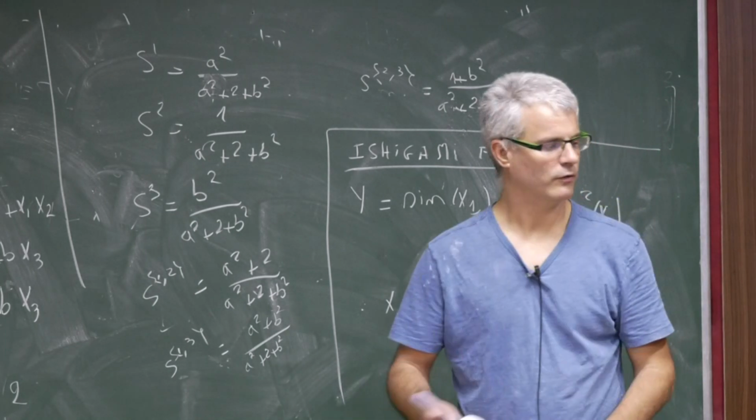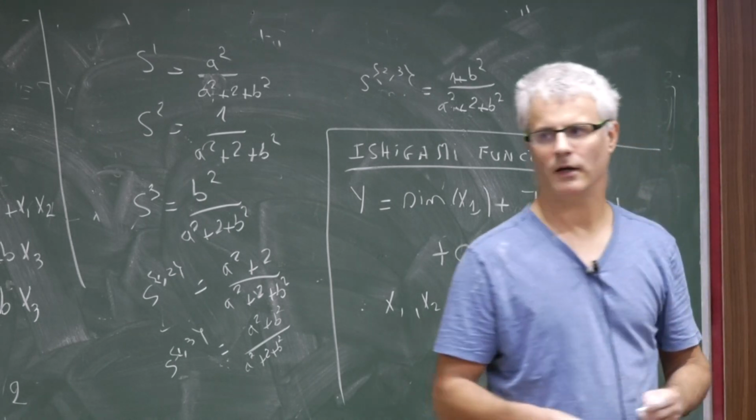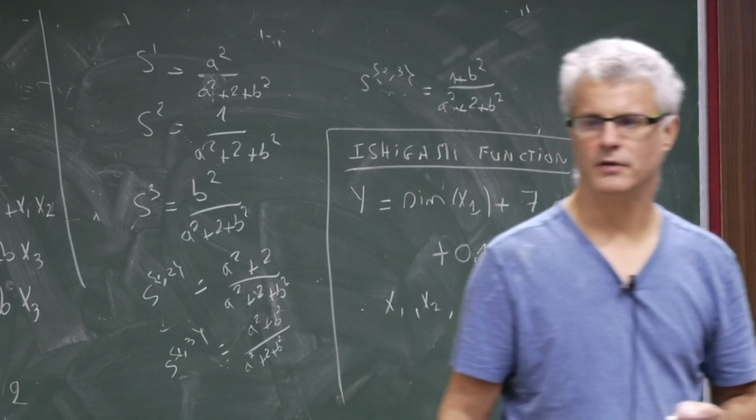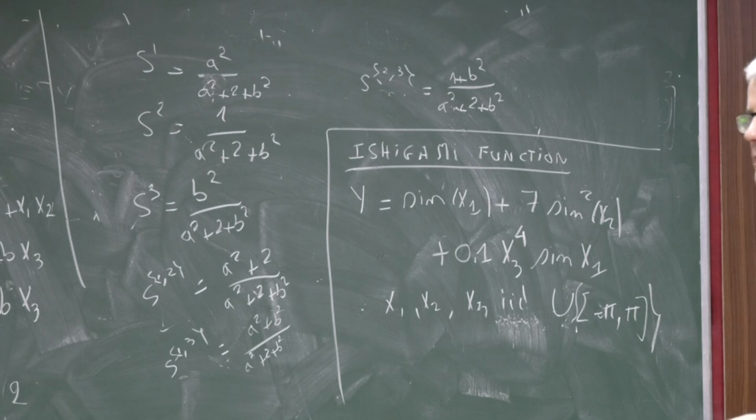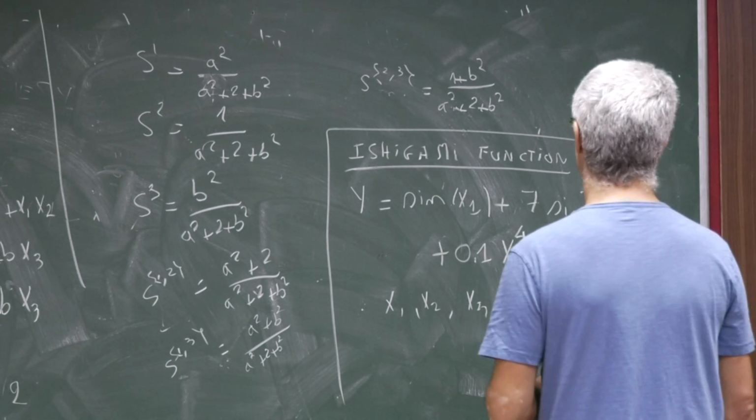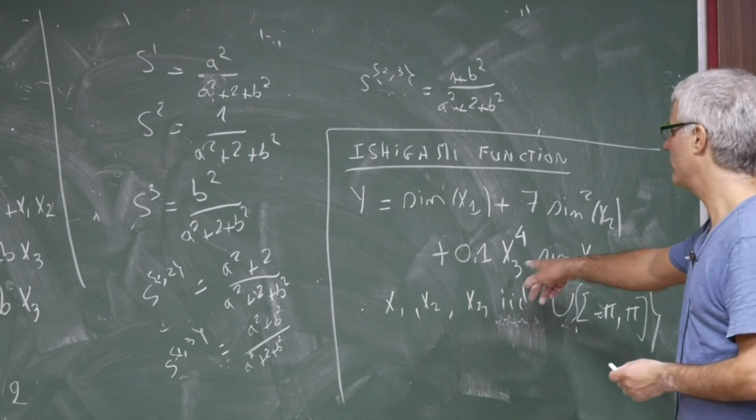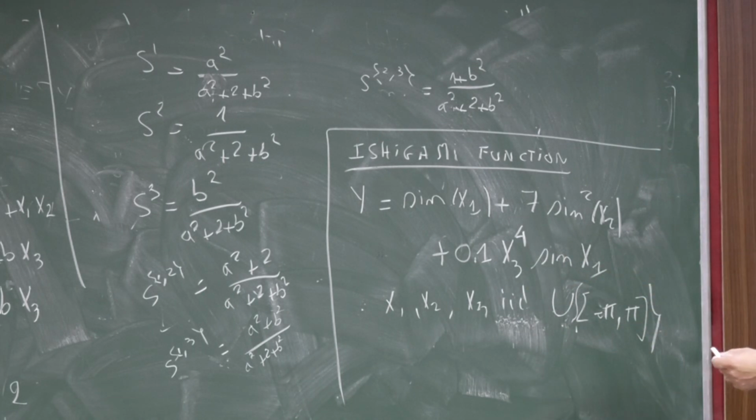You take three random variables that are uniformly distributed between minus pi and pi, and you look at this function that is sin x1 plus 7 sin square x2 plus 0.1 x3 to the power 4 sin x1.